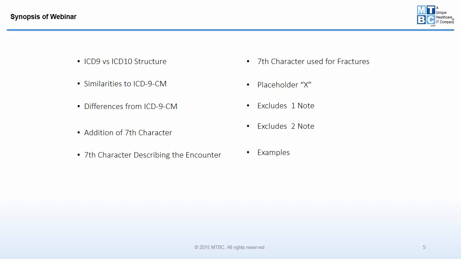The seventh character is going to describe the encounter for different specialties, so the seventh character used for fractures is going to be different than the one for obstetrics, OBGYN. There is a placeholder, which is something new in ICD-10 that ICD-9 did not have. Then the Excludes 1 note, Excludes 2 note, and some examples.